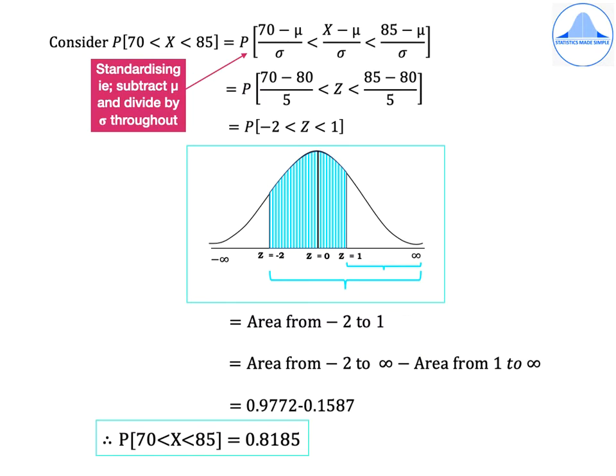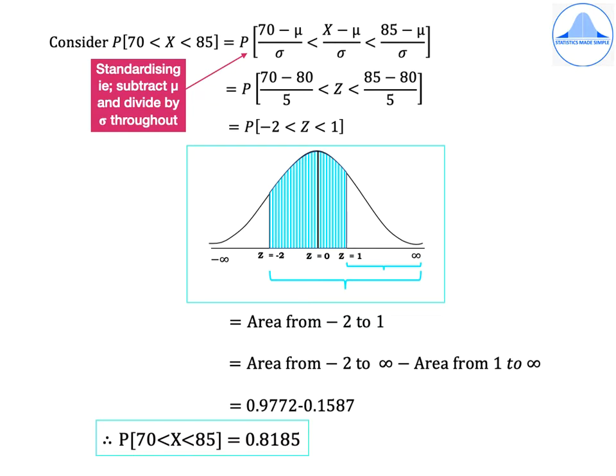Whatever area you have shaded, you write in words as equal to area from minus 2 to 1. Next, you should draw a big flower bracket from minus 2 to infinity and another smaller flower bracket from 1 to infinity. And keep in mind that you can find the area from the tables only from z or minus z to infinity.